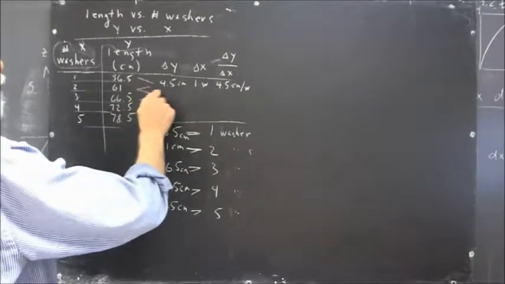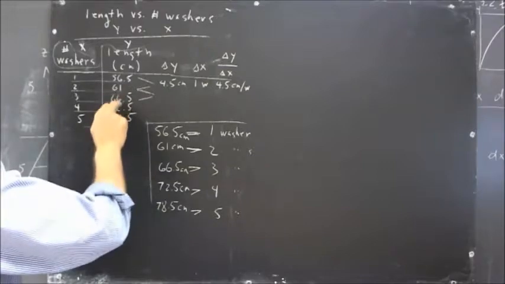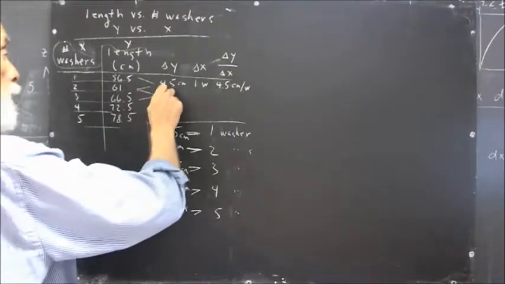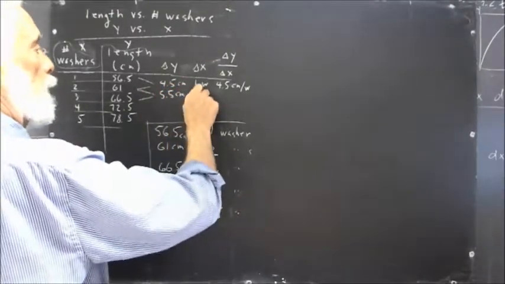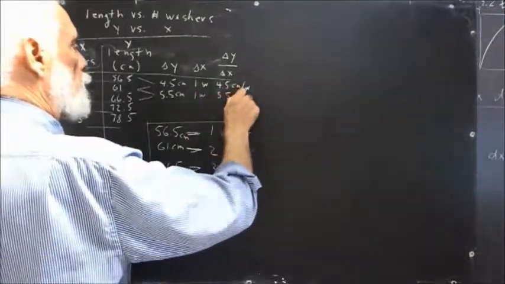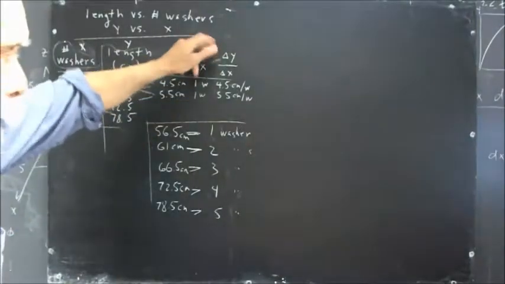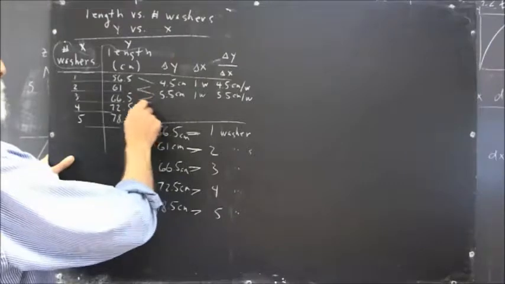Here we have a delta y from 61 to 66.5, that's 5.5 centimeters. Delta x is 1 washer, so we have 5.5 centimeters per washer as the average rate of change, or the slope, between these data points.